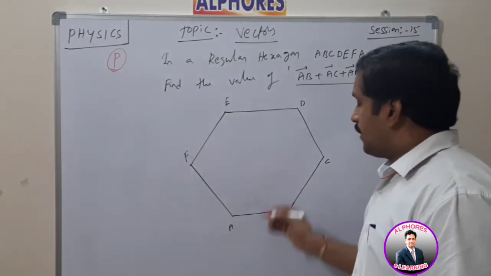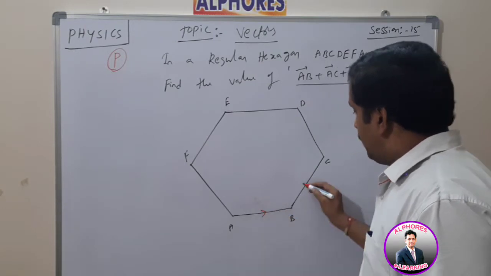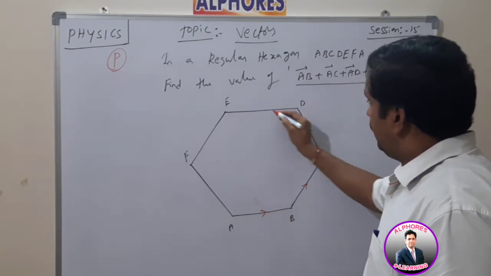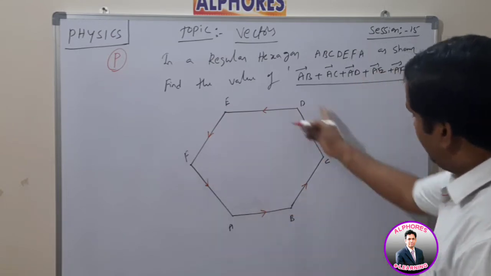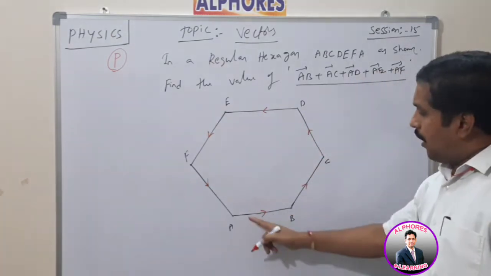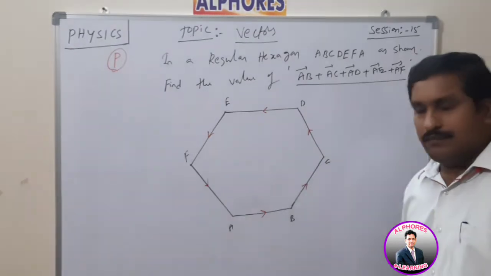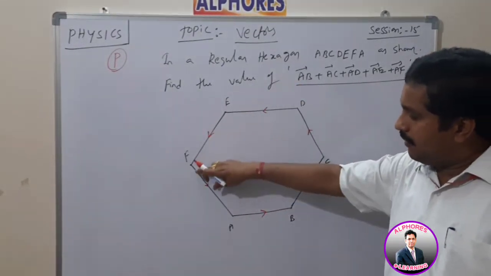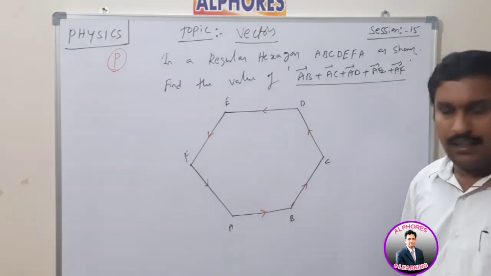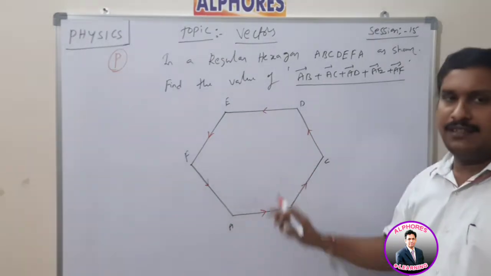In the regular hexagon the direction is AB, BC, CD, DE, EF and F to A. So all vectors AB, BC, CD, DE, EF and FA are taking the same sense. That means the 6 vectors are taking the same sense.